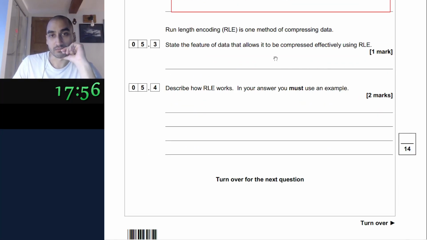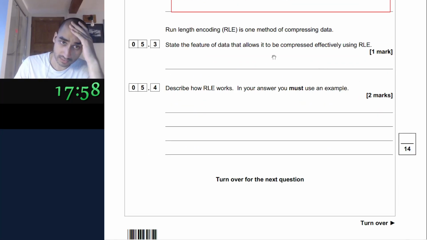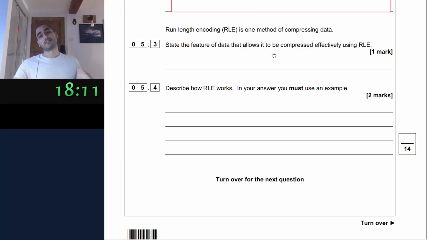Run length encoding is one method of compressing data. State the feature of data that allows it to be compressed effectively using run length encoding. Oh, I forgot what run length encoding is. I remember the term.